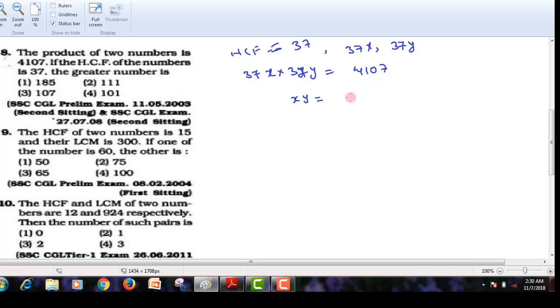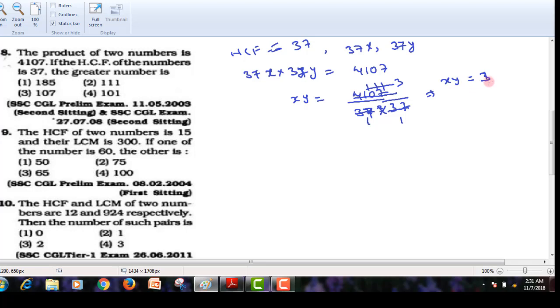From this, x into y is equal to 4107 by 37 into 37. On simplifying this, you will get 37 ones are 37, 37 threes are 111. So you will get x into y as 3.